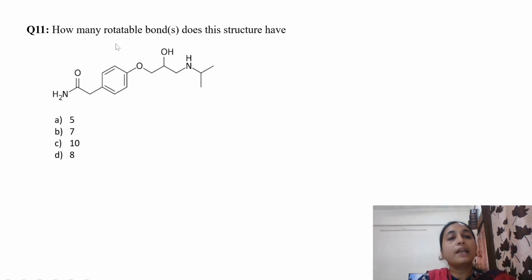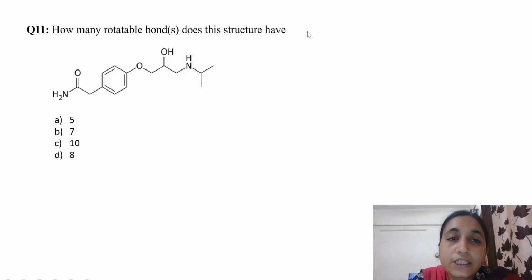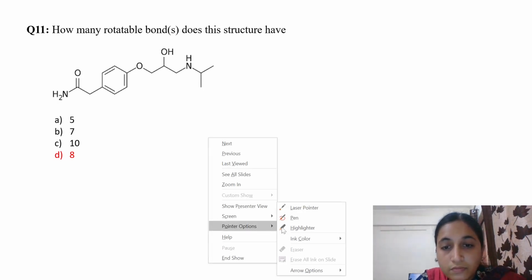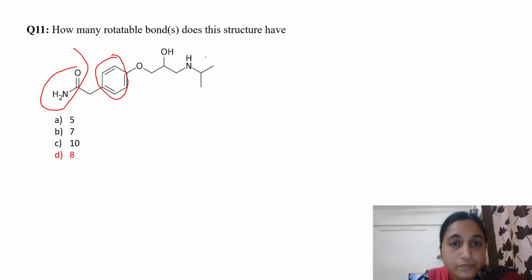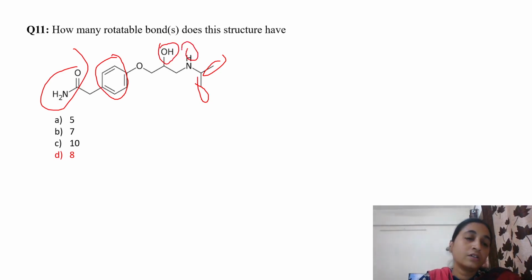So question number 11: how many rotatable bonds do these structures have? I told you previously, the terminal atoms won't count. So this won't be, this won't be, and this, and even this.